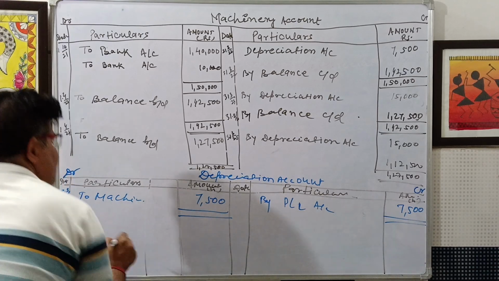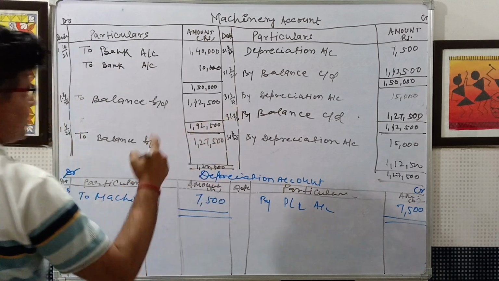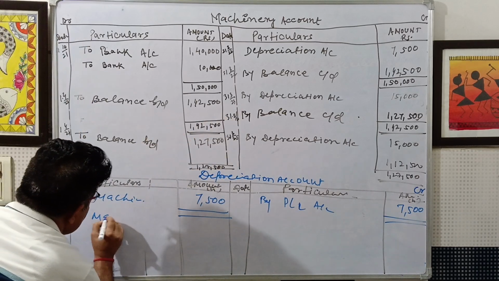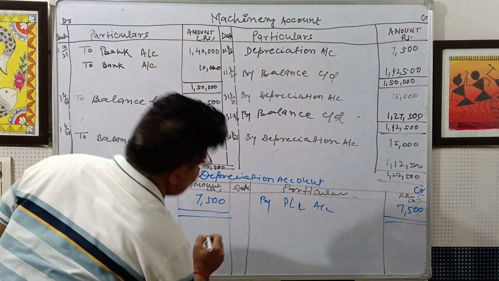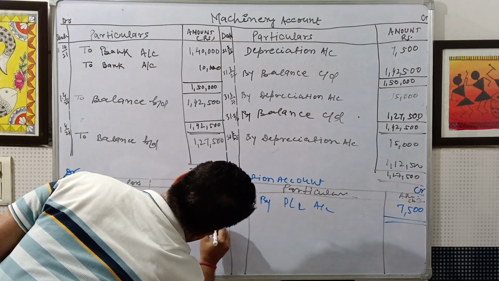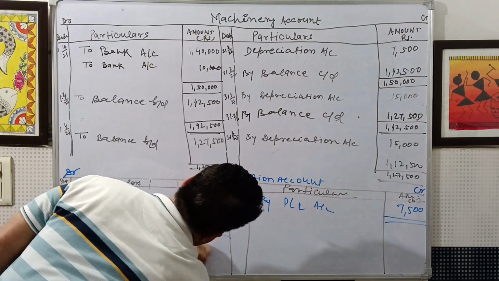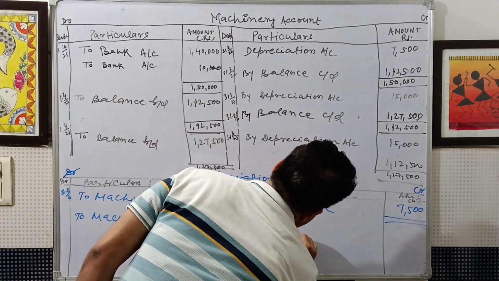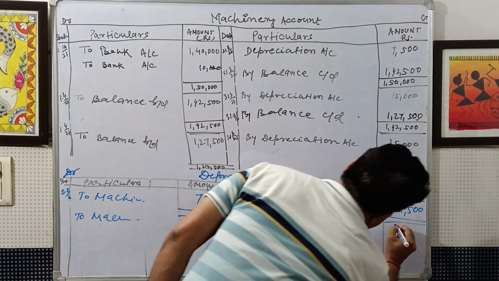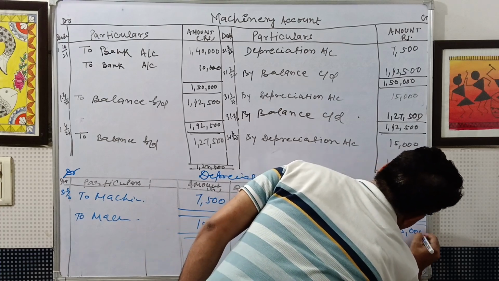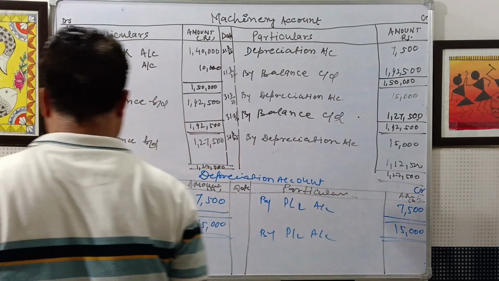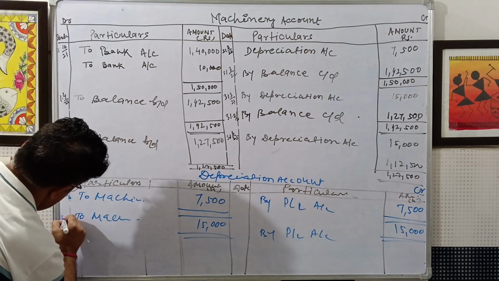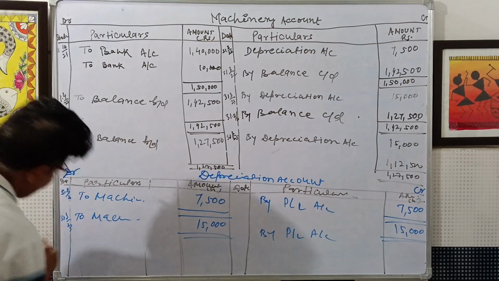Another is the depreciation account debit to machinery account. How much? 15,000, by PL account 15,000. Date is the 31st March 23.